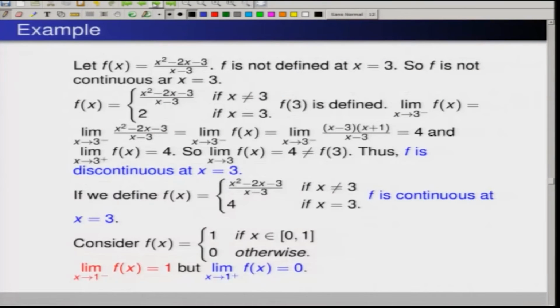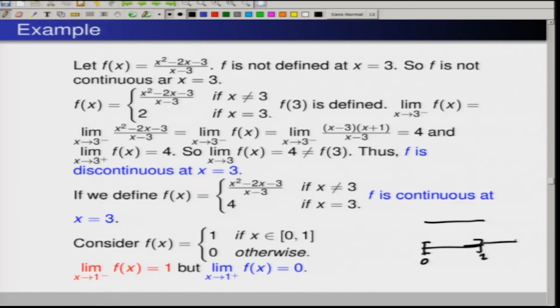Now, let us consider the function f of x equal to 1 when x belongs to the closed interval 0, 1, and 0 otherwise. We have discussed this earlier. This is defined as 1 on 0 to 1. So, if I am going to 1 from the left hand side, this is the function, so the limit is going to be 1.